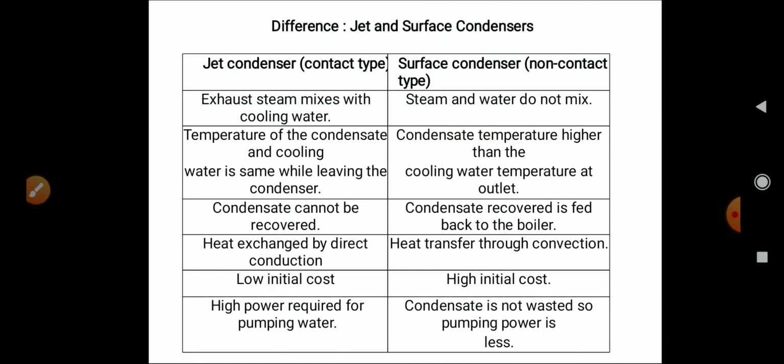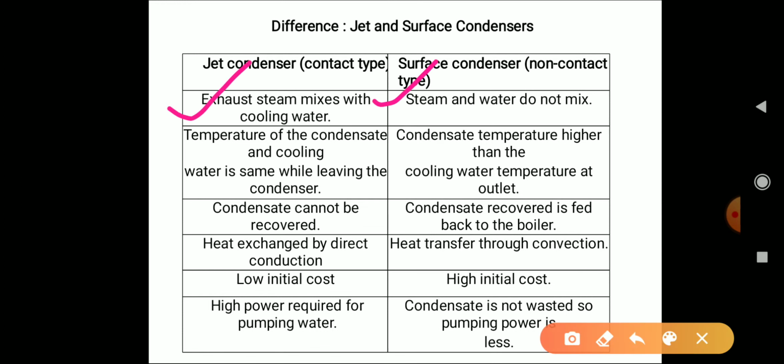As I already told you, two types of condensers are used. Here I have given you the difference between these two types of condenser: jet condenser, contact type, and surface condenser, non-contact type. In jet condenser, exhaust steam mixes with cooling water. In surface condenser, steam and water do not mix. In jet condenser, the temperature of the condensate and cooling water is the same while leaving the condenser.